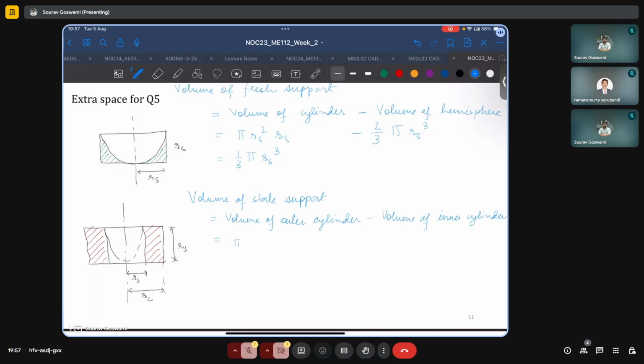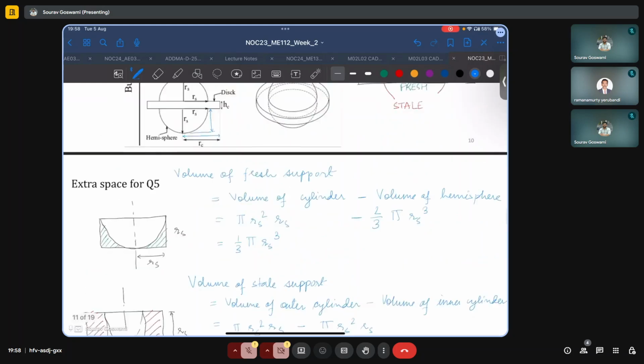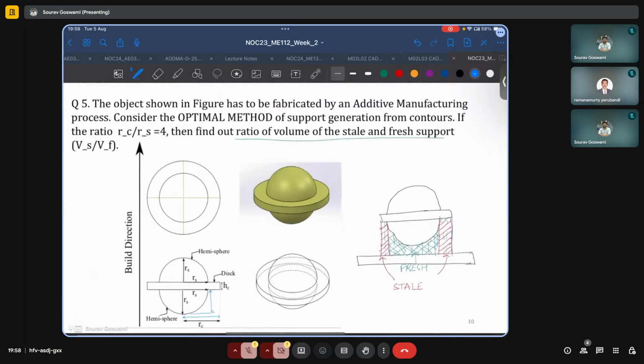Again, pi RC square RS minus pi RS square RS, which is equal to pi RS times RC square minus RS square. Okay, no further simplification at this point, but we are asked to find the ratio of stale and fresh support.